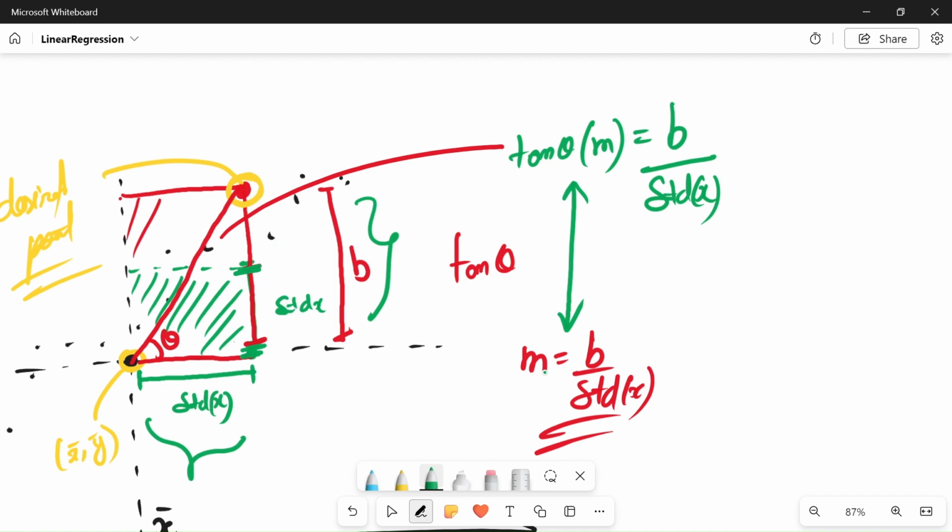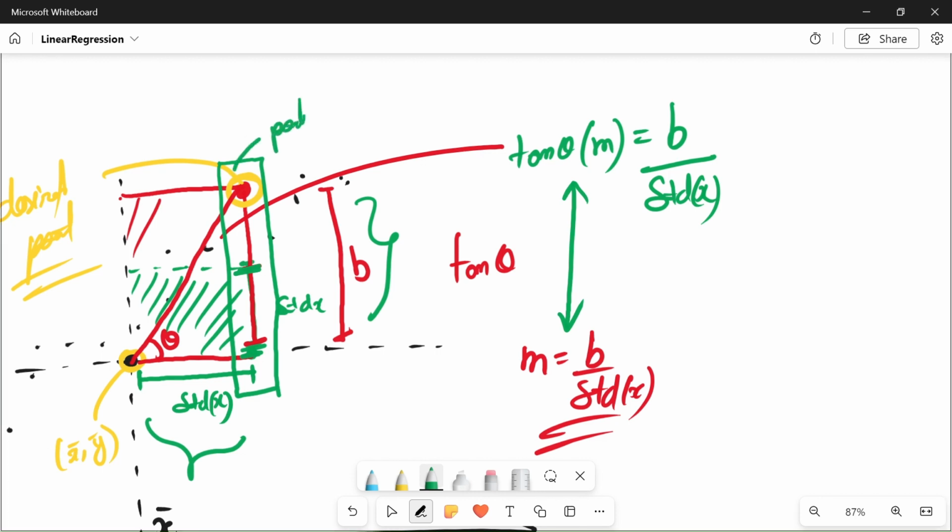In the previous perspective, which I named the intuitive perspective, I should have named it the scaling perspective, because I focused only on this portion. And therefore I made a scaling argument about this line, that this ratio is telling you how much you have to scale to get to this point.